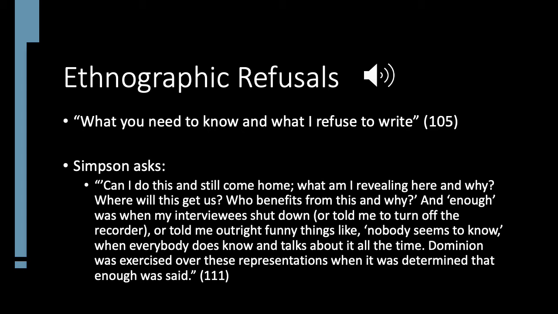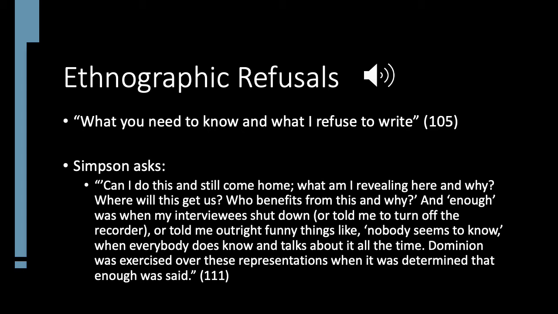It's when her interviewees shut down or told her to turn off the recorder or told her outright funny things like nobody seems to know, when everybody does know and talks about it all the time. Dominion was exercised over these representations when it was determined that enough was said. So in this sense, an ethnographic refusal has two meanings, right?